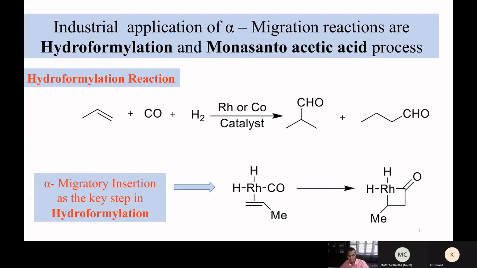If you want, you can read a lot about the hydroformylation reaction, what metal it started with, which metal we are using now, which industries are using it, and what problems they are facing. We'll come back to these in a different context, but these are happening mainly because these are the materials for many other pharmaceutical syntheses, drug syntheses, and material syntheses.